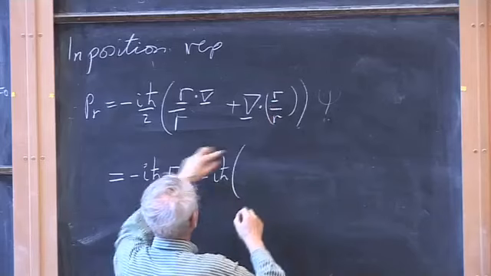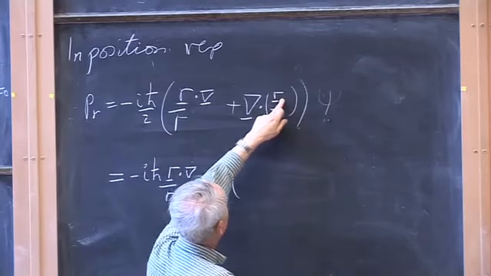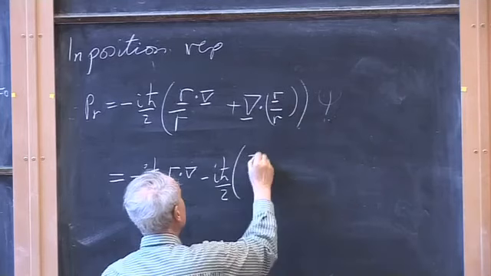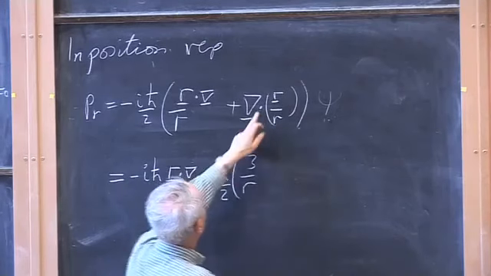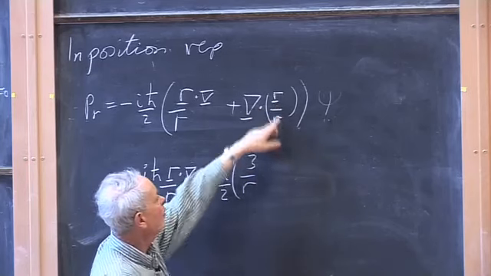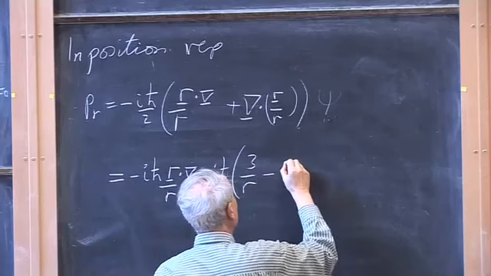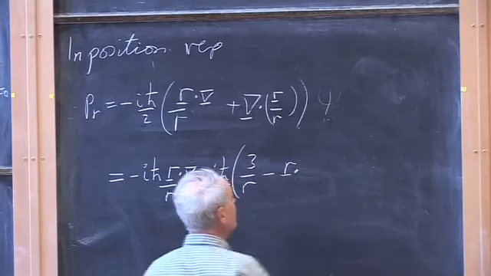We're going to have, over 2, sorry, that's this factor here. Then I'm going to have this thing operating on this. The divergence of r is 3. And then I've got this thing operating on that. It's going to be r dotted into the gradient of 1 over r. So that's going to be minus r dotted into the gradient of 1 over r.